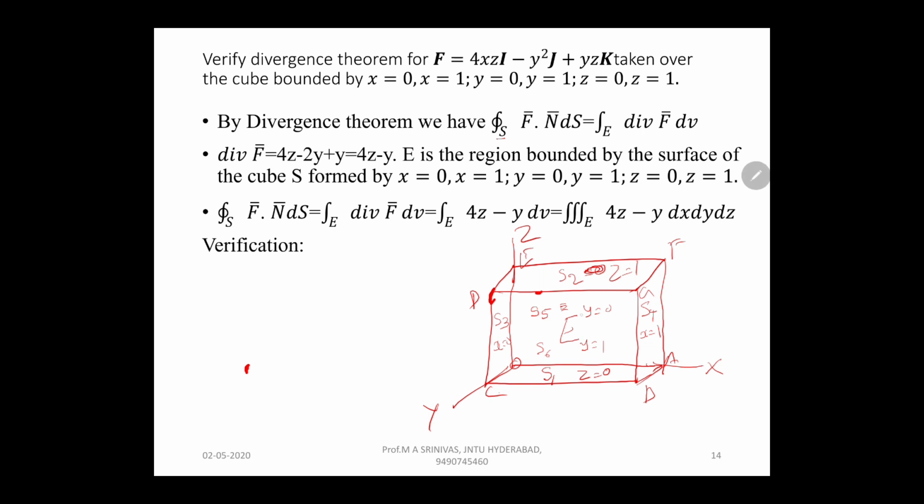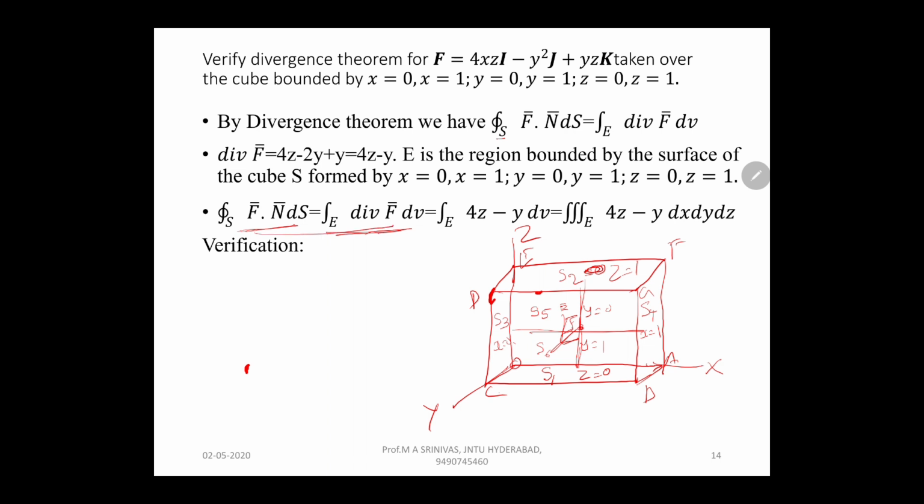Now inside E, x varies from 0 to 1, y also varies from 0 to 1, and z also varies from 0 to 1. This is div f bar. Now I need to find the surface integral of f bar, which should equal the integral of divergence dv.